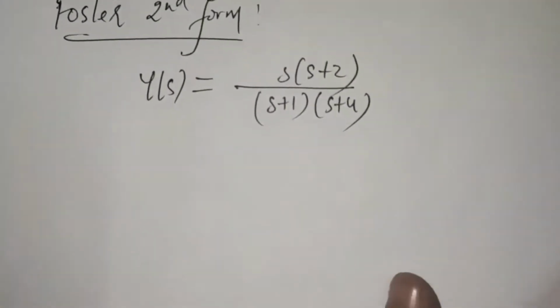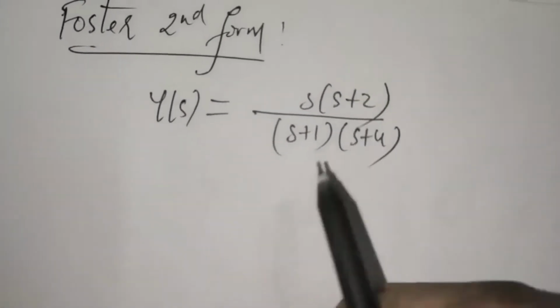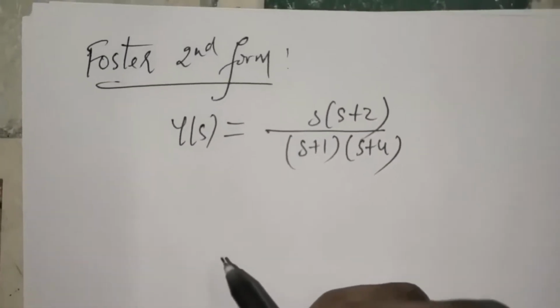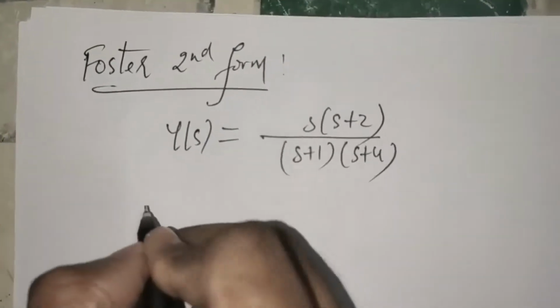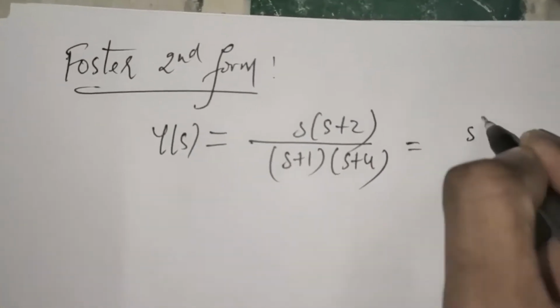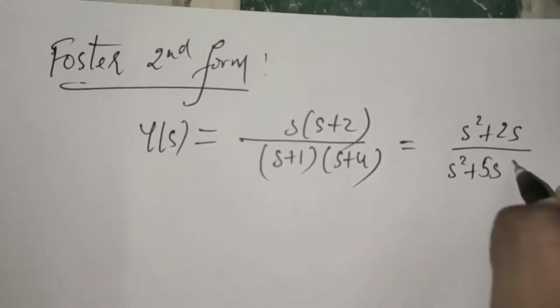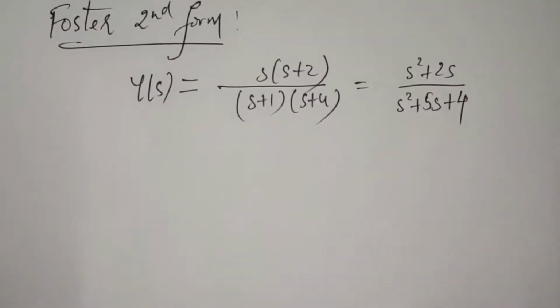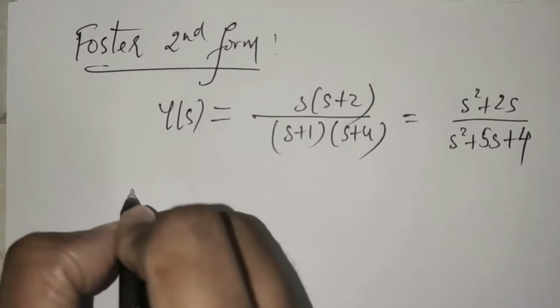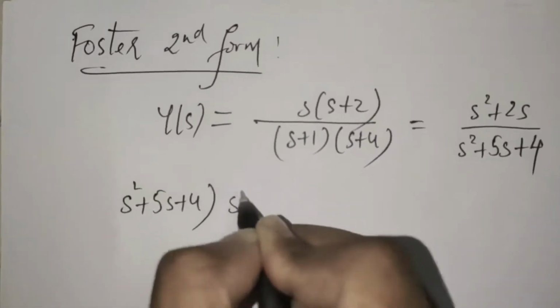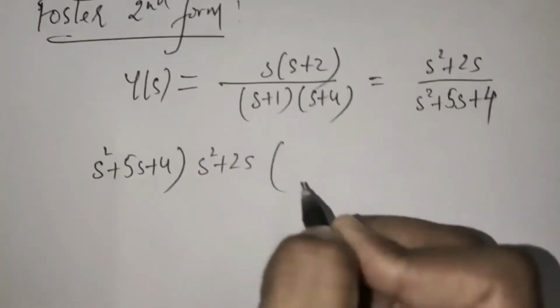So even in this case the numerator degree and denominator degree are same, so we have to divide the numerator and denominator once. So this is nothing but s squared plus 2s, s squared plus 5s plus 4. So upon division of numerator and denominator once, s squared plus 5s plus 4, s squared plus 2s.